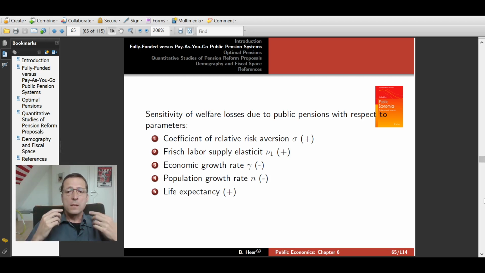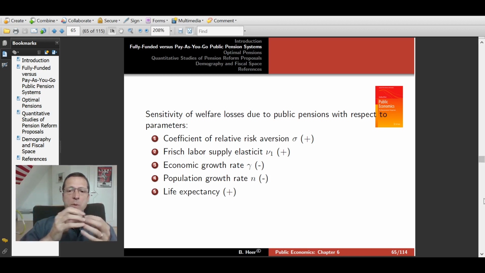And our 5 parameters that we have emphasized in this list also affect the result of the optimal pension system. If we have a high coefficient of relative risk aversion, as we have seen, the welfare loss from public pensions goes up.